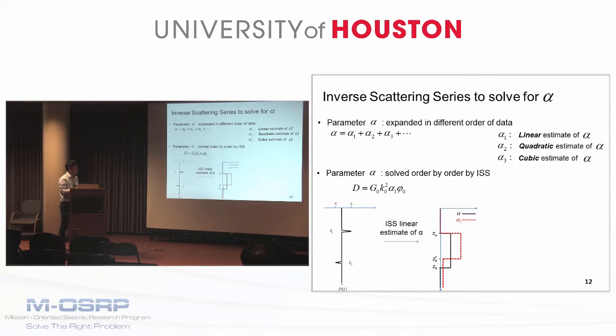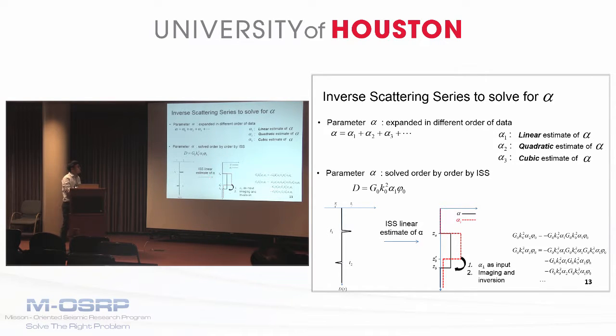And for comparison, we overlay on top of this alpha the actual perturbation. We can see this difference between alpha 1 and alpha in both amplitudes and where the amplitude changes. Because here again we correctly located the first interface.